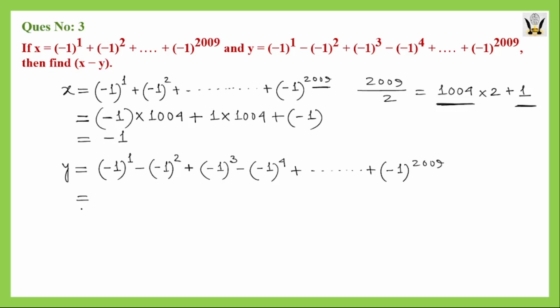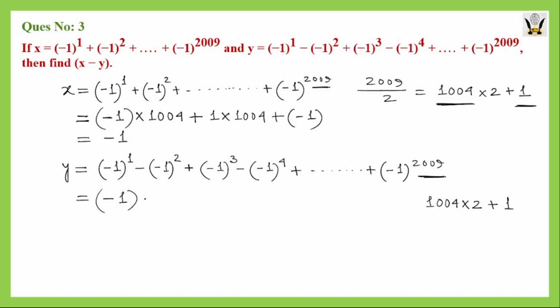Now let's evaluate y. Again in this series we have 2009 number of terms. So again there will be 1004 number of odd terms and 1004 number of even terms, and there will be one more, and since 1004 times 2 counts 2008 and then +1, this extra term again will be in the odd position and that power will again be odd, so this term. Now here -1, and for every odd term this value will be -1 only.